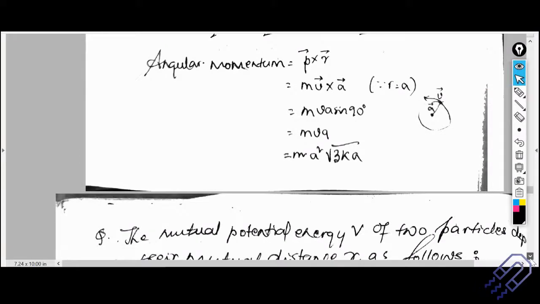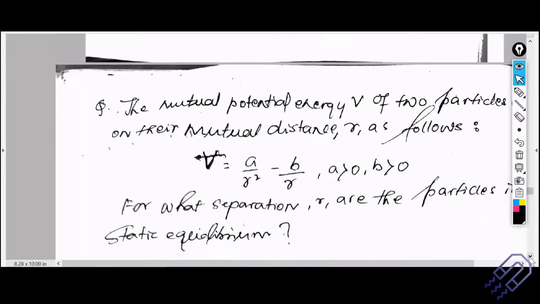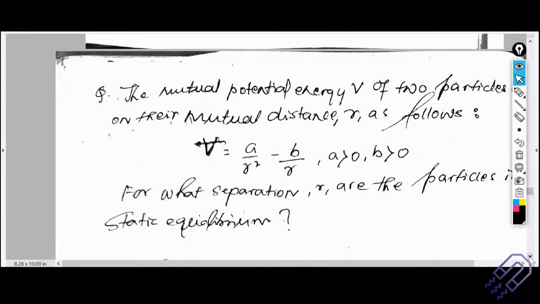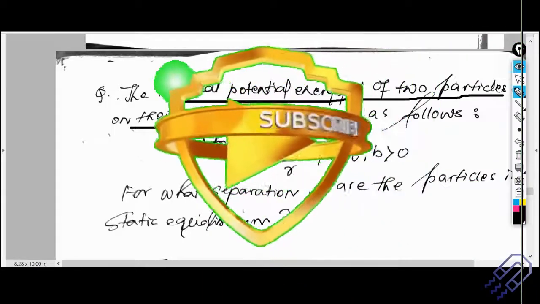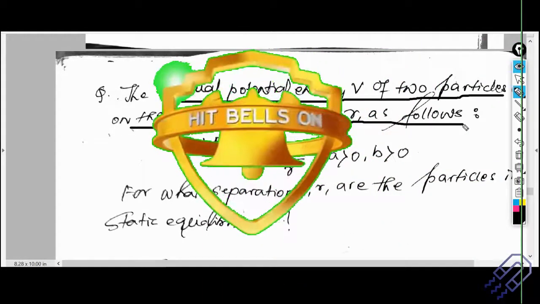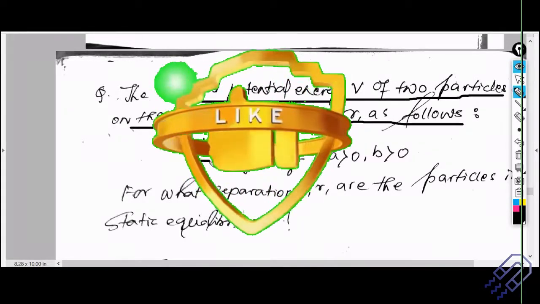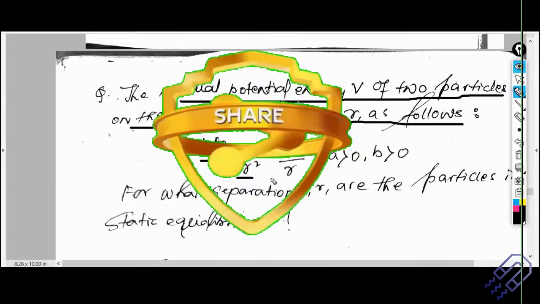It's very simple. The next question says that you have the mutual potential energy V of two particles as a function of their mutual distance r as follows. The potential is given as V = a/r² − b/r.